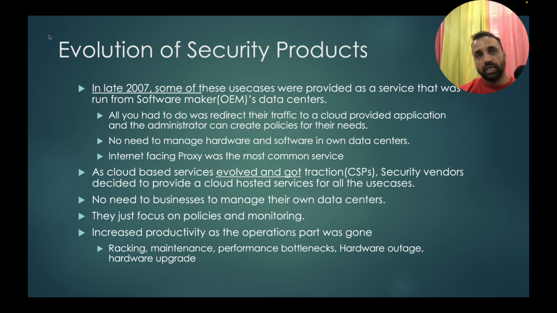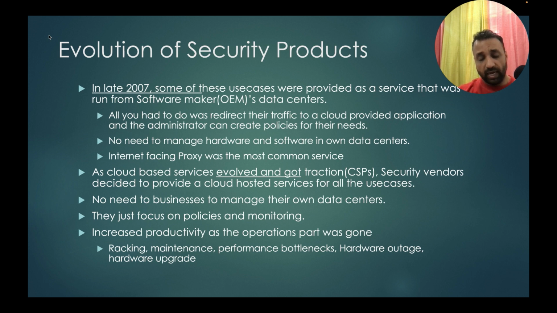Now, as time evolved, some of these use cases started to come up as services, which means corporates who wanted to use these products don't need to buy this hardware. What the software OEM will do is put these capabilities in their data centers.